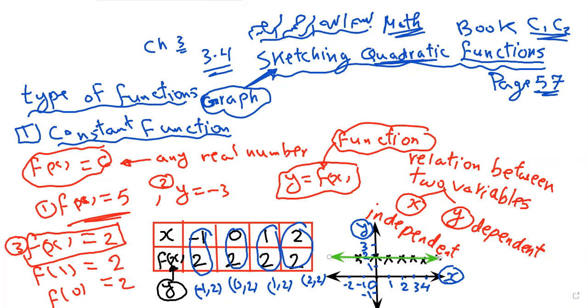These two lines cannot meet. Like these two lines. Two lines cannot meet. Parallel. Then here, you see this green line, this is f of x. It's parallel to what? X-axis. And this is horizontal line. This is constant function. Don't forget it.